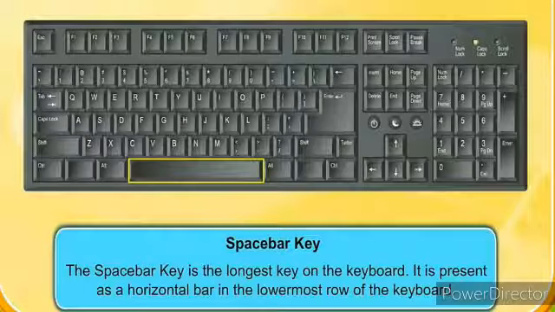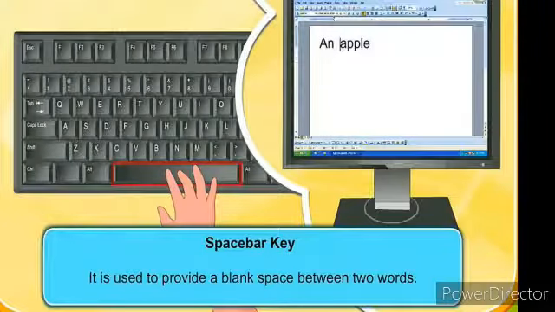Now we are going to discuss the spacebar key of the keyboard. The spacebar key is the longest key on the keyboard. It is present as a horizontal bar in the lowermost row of the keyboard. The spacebar key is used to provide a blank space between two words.